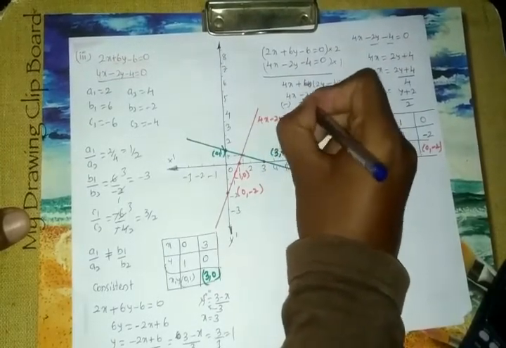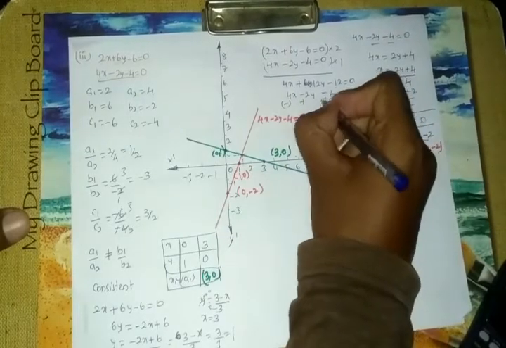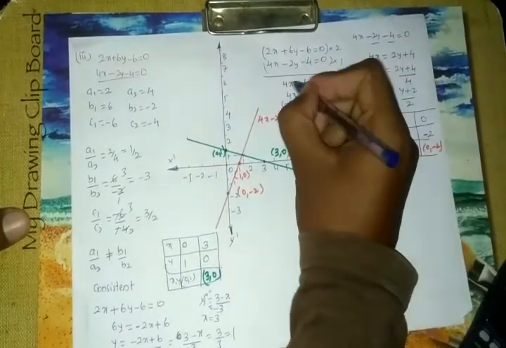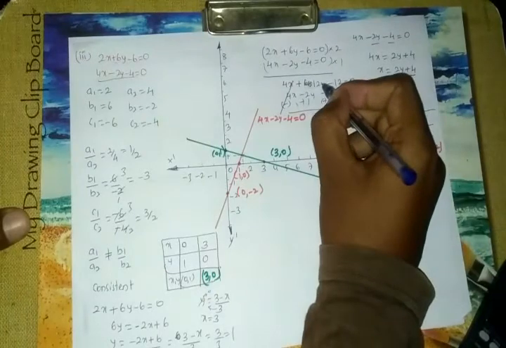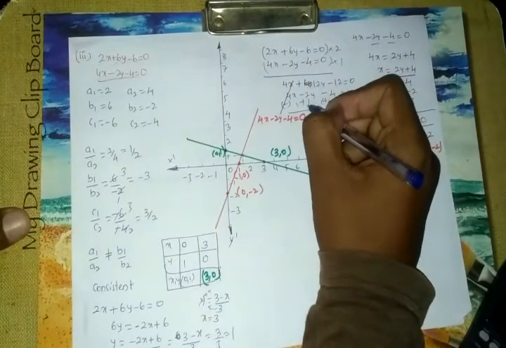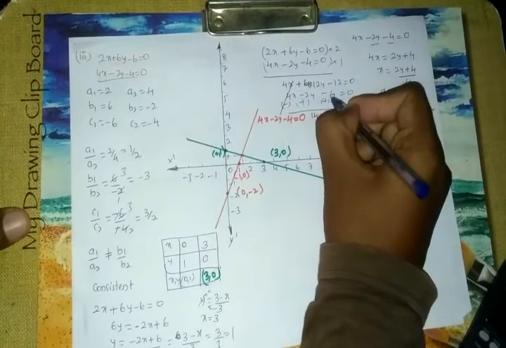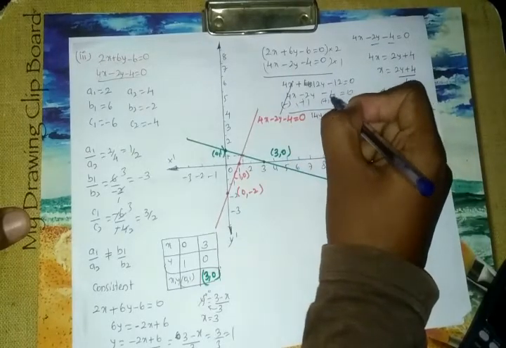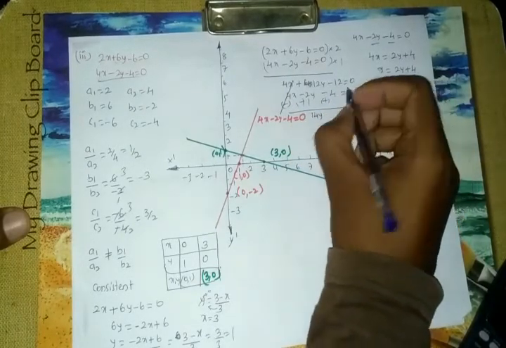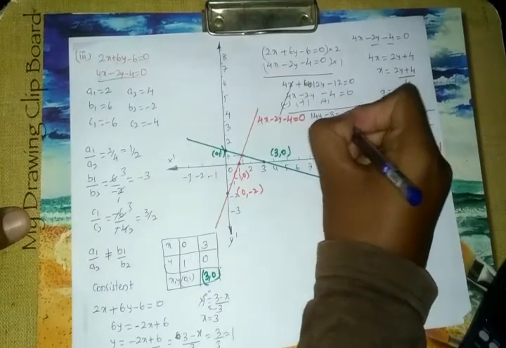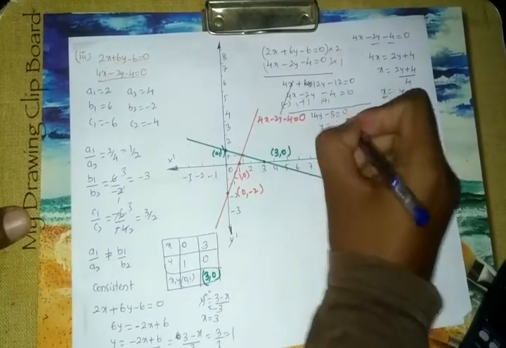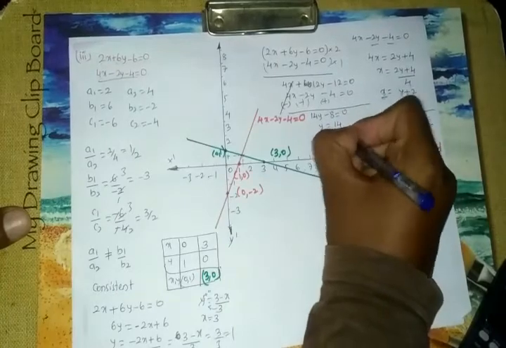This will be minus, this is plus, so 4x will get cancelled. 12y plus 2y is 14y, and minus 12 plus 4 will be minus 8. So y equals 8 by 14.